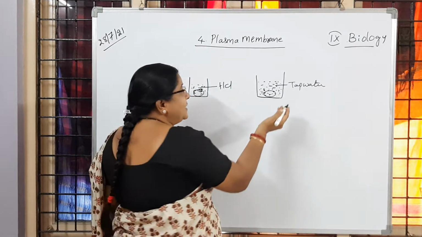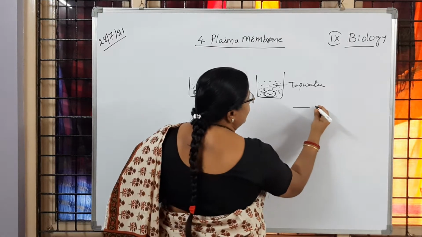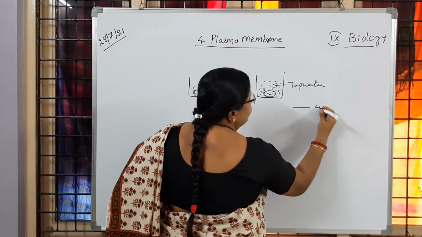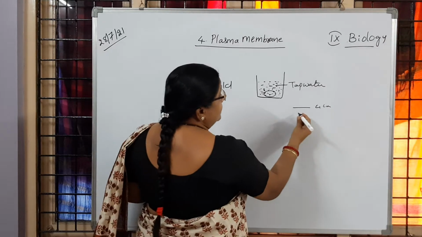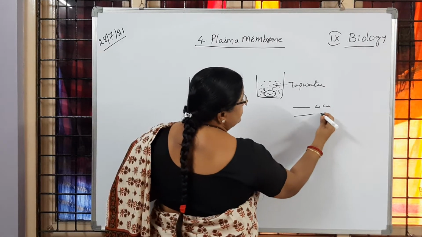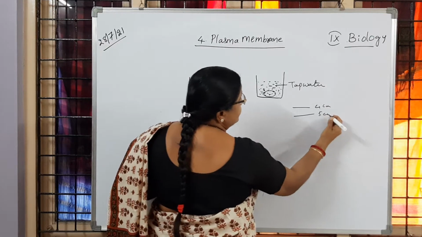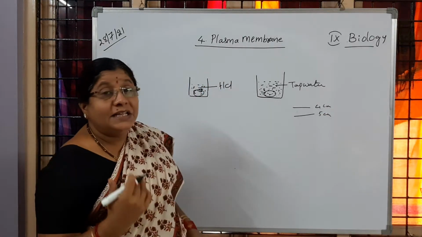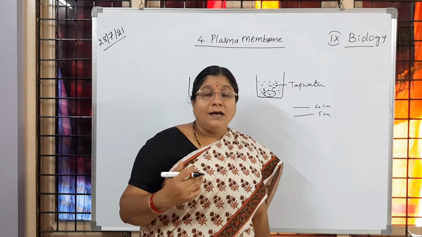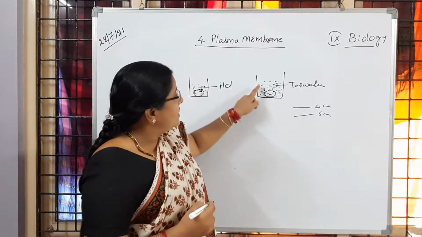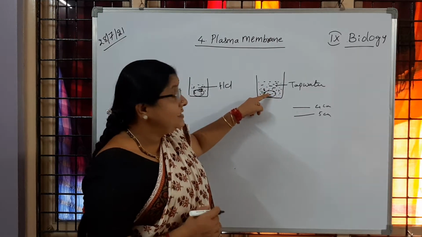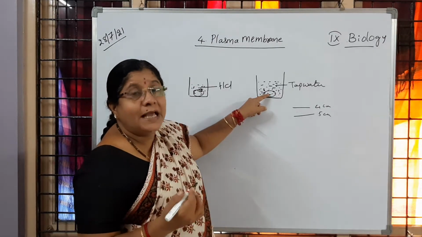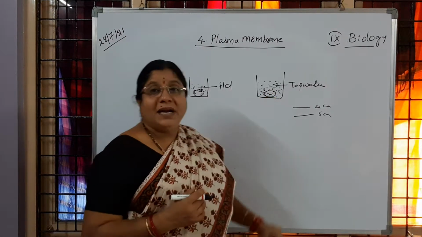For example, if earlier the circumference of the egg was 4 centimeters, then next it is 5 centimeters. It increased. Why is that increase seen? How did it happen? The water present in the beaker entered inside the egg through the membrane.